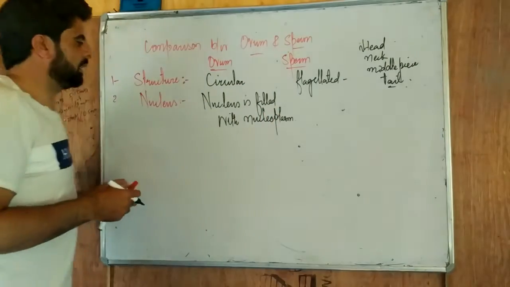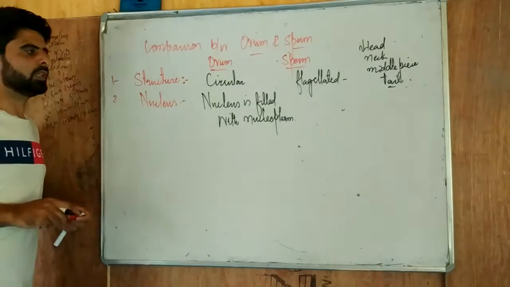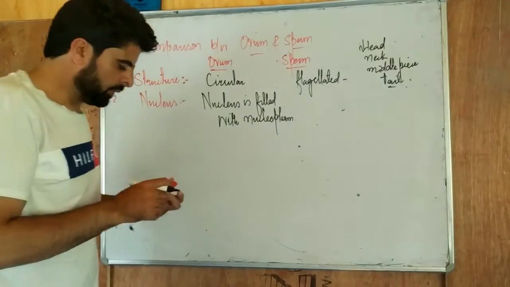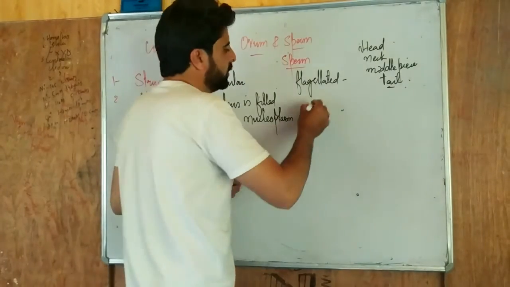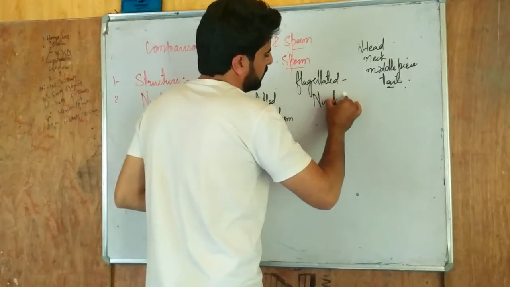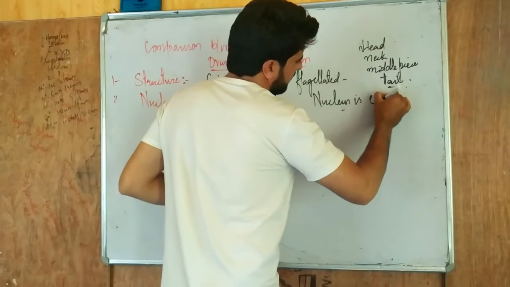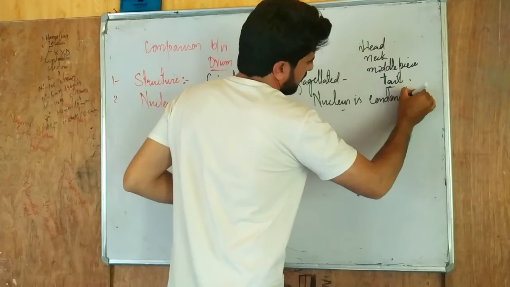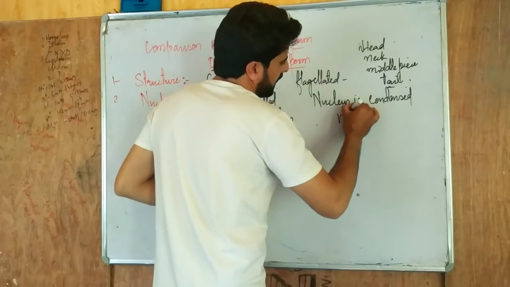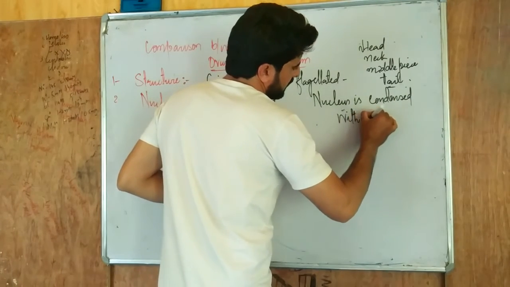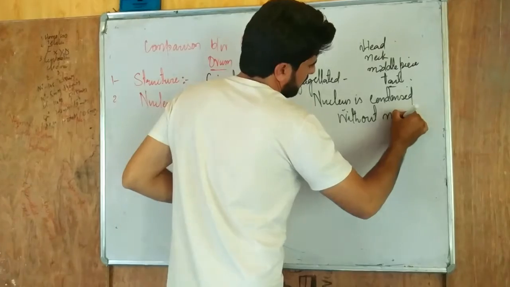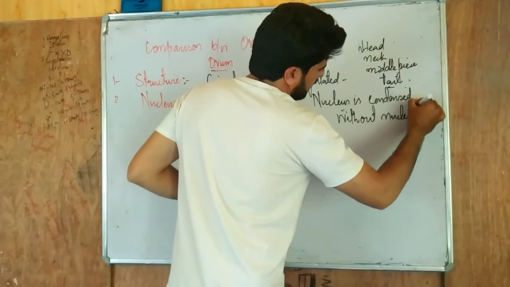So we can see here in case of ovum, nucleus is filled with nucleoplasm. In case of sperm, the nucleus is condensed, without nucleoplasm.